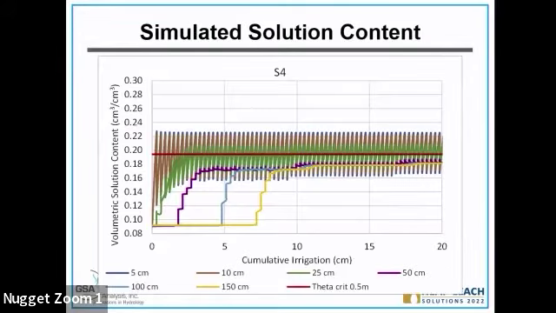So this is a typical water content profile we simulated from this model. We can see this is a cumulative irrigation from the surface, with an incremental ingression, and each curve showing the profile at depths right under the dripper. So it's probably the wettest spot right under there. You can see at the very shallow depth, 5-10 centimeters, all the water content went over the critical solution content.